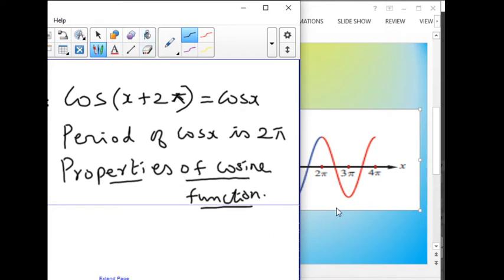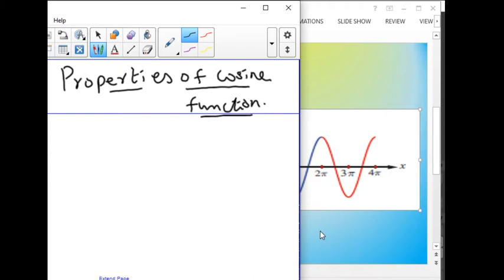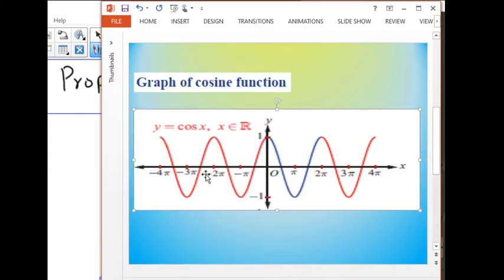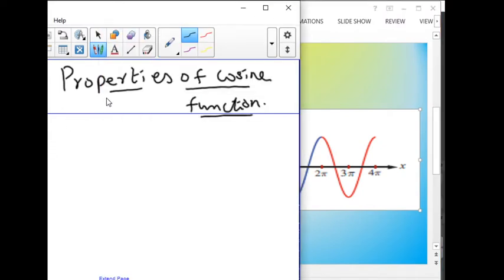It does not break. The curve is continuous, no break at all. It is not discontinuous. Therefore, the cosine function is continuous.